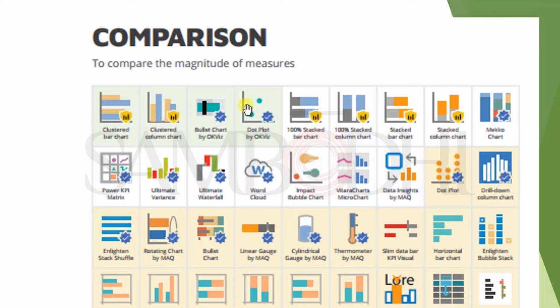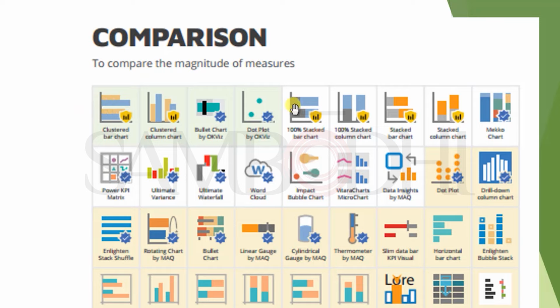Similarly, if you have a dot plot, you can have a dot for January and a dot for February, placed one above the other, February having a higher value. A stacked chart would sum these two one over the other, making a stack of product A with product B on top of it.